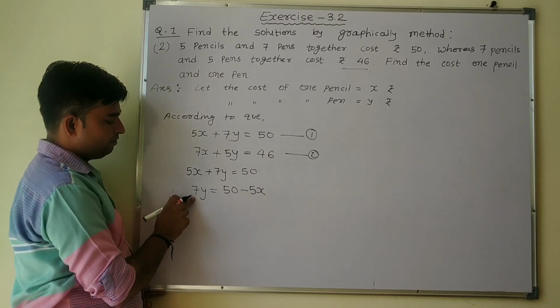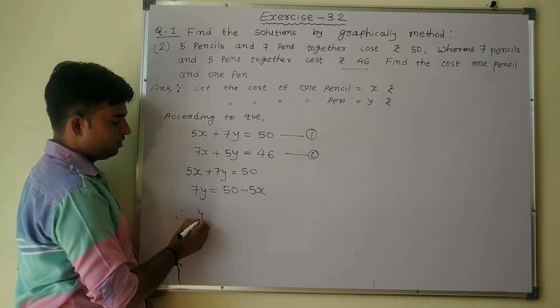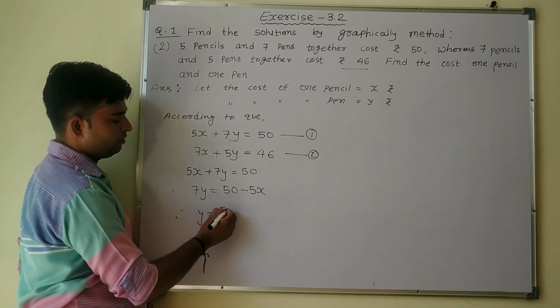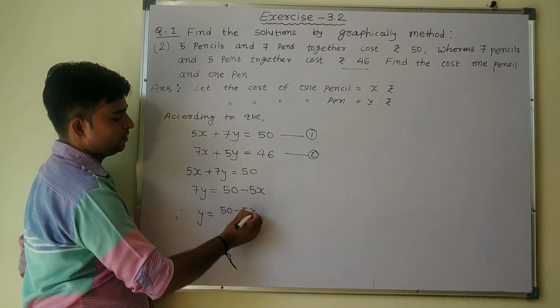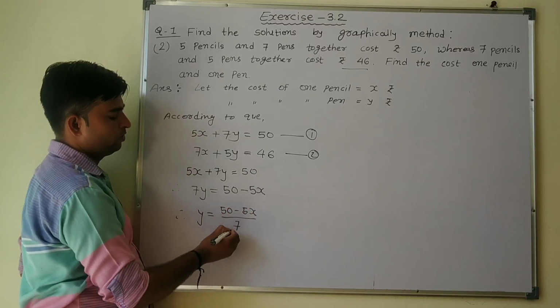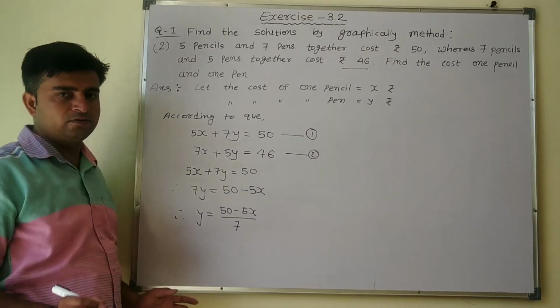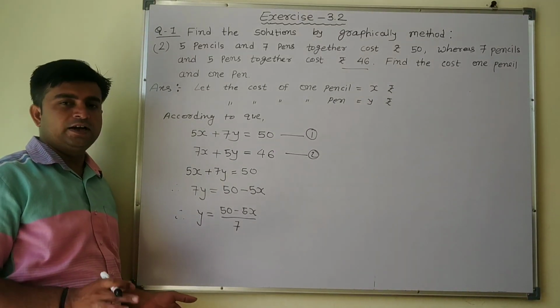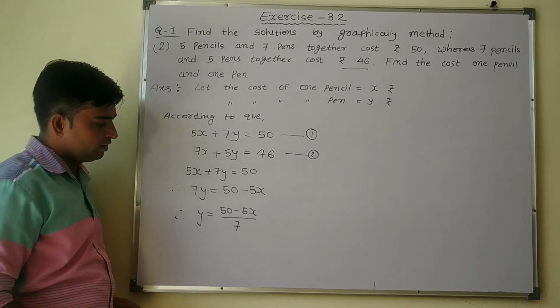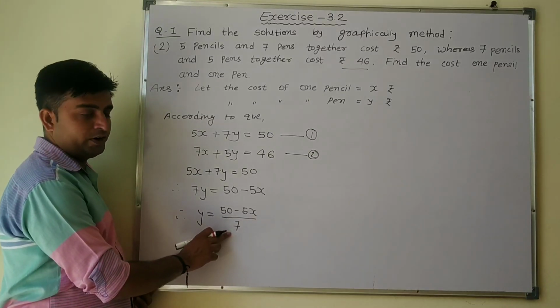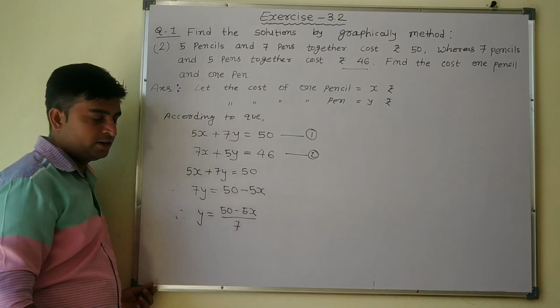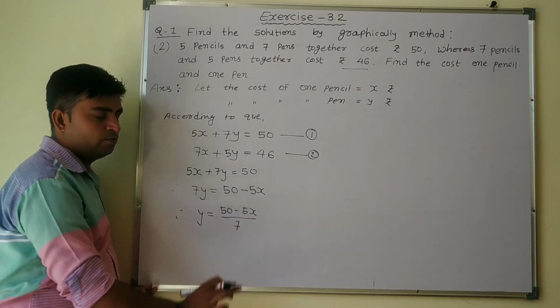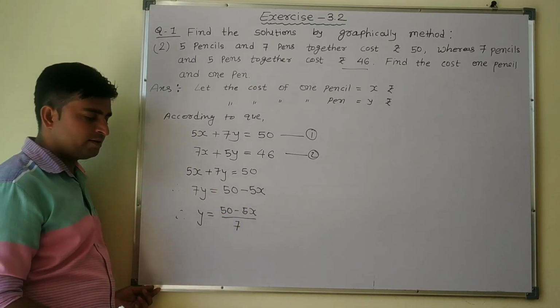Then 7 goes in division, so it becomes y is equal to (50 minus 5x) upon 7. So this is the y form of the first equation. Now we take different values of x and get the value of y. Here upon 7, so we take a value of x such that the subtraction of these two is divisible by 7.